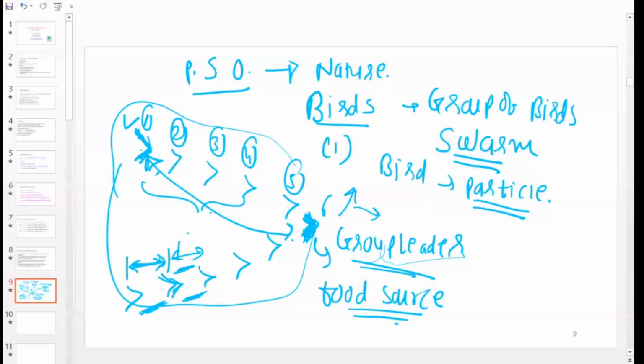All birds are flying in a group to find the food source. So this is the behavior of the birds seen during the evening hours. And from this behavior, Professor Kennedy formulated the mathematical equations of PSO, which is used for optimization. Okay.